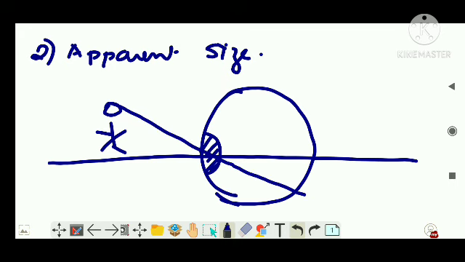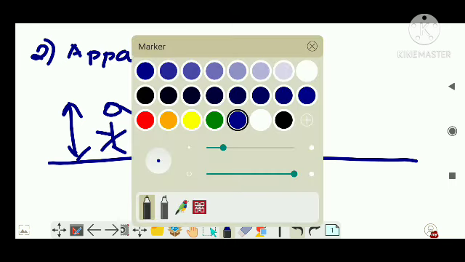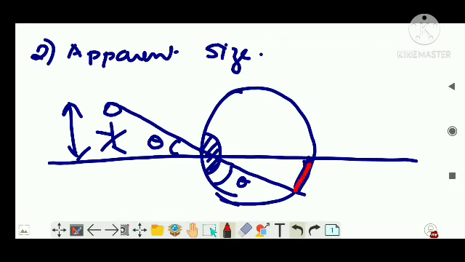There is an angle like this. The size of the object will be this one, that is the size of the man you are viewing, but for you, the man's image will be here, because the image forms at the focal point. So this is the image of the person.